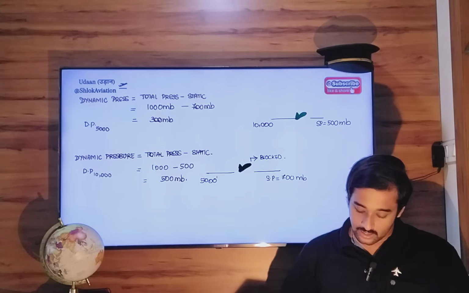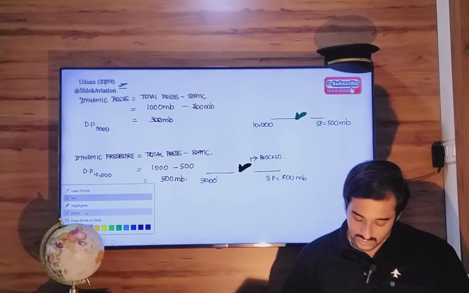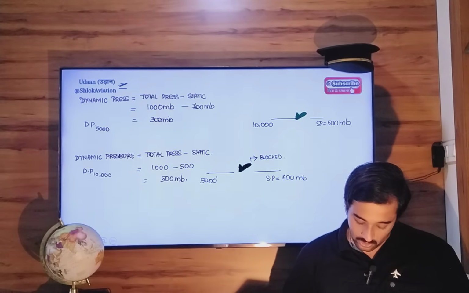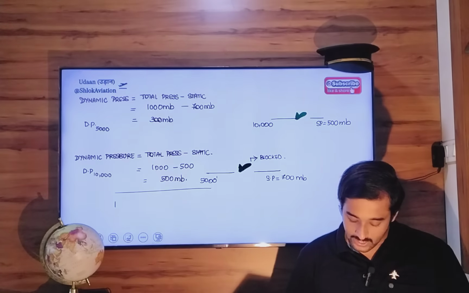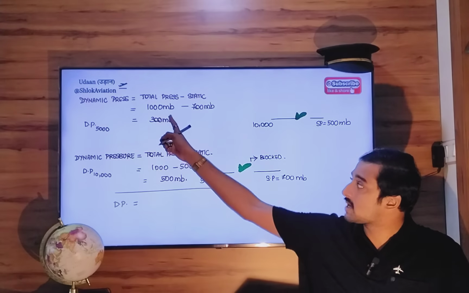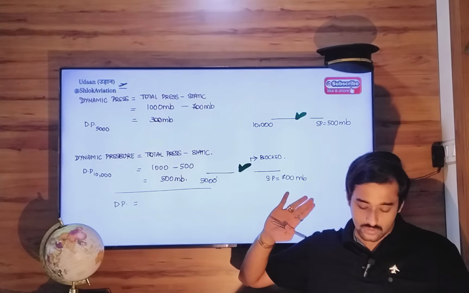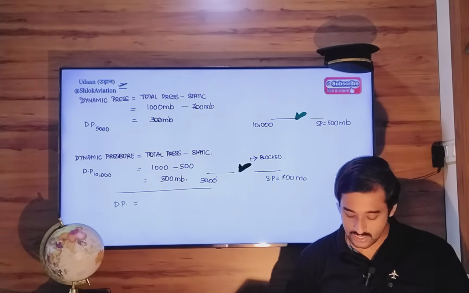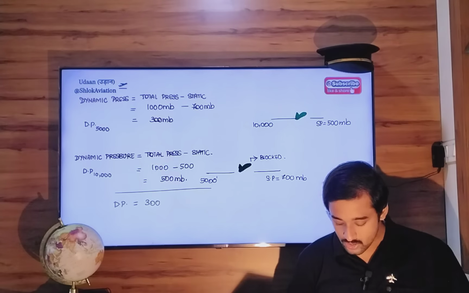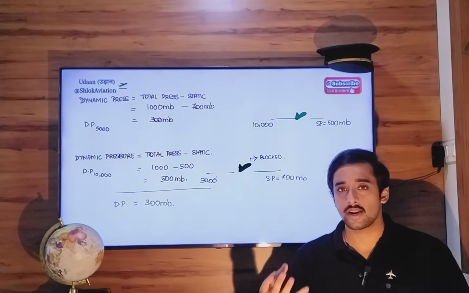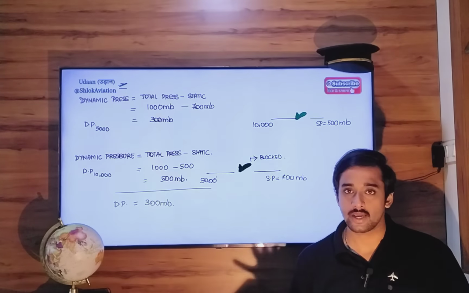When you do that, you will get a dynamic pressure same as 300, or something less than 300. So let's consider 300 only. So 300, 310, 320, or 290, whatever.